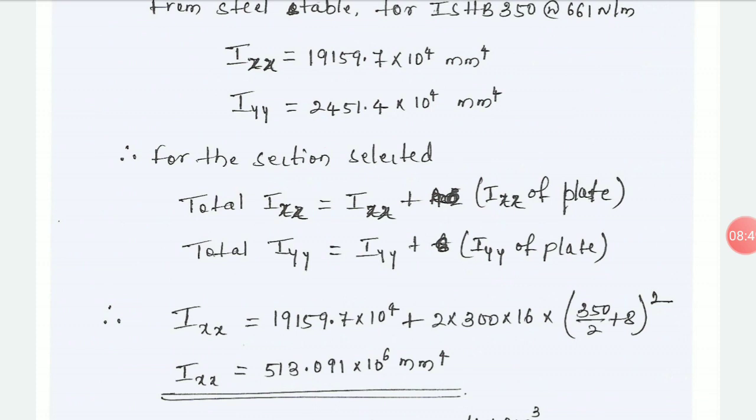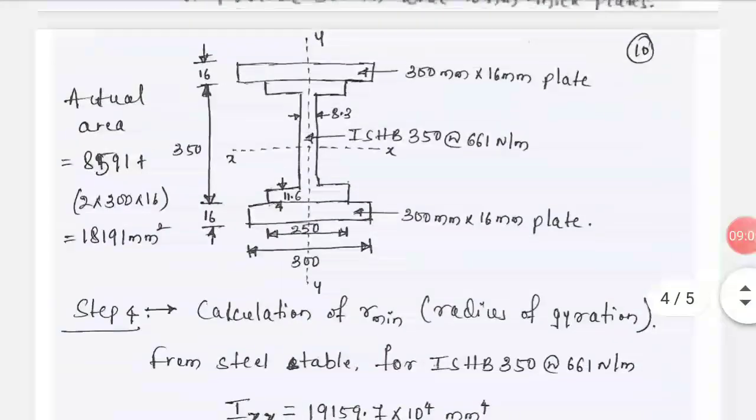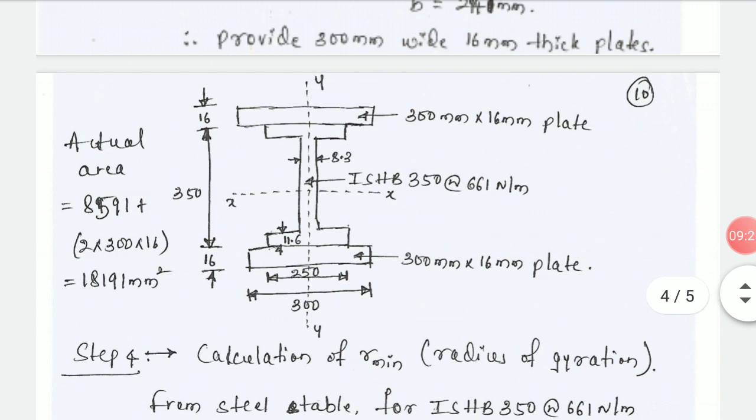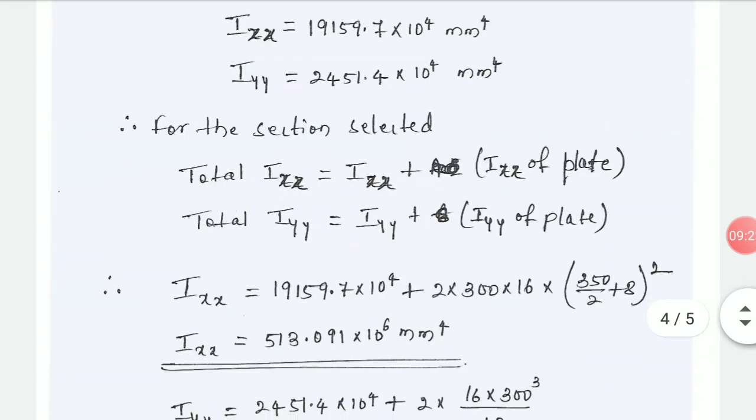So IXX of the built up section is IXX of the I section, that is 19159, plus the plate in XX direction, the moment of inertia in X direction is 2 into A into x bar square. 2 into 300 into 16 will give you the area, and x bar will be 350 divided by 2 plus 8 mm. You can check the figure here. The total depth is 350, divided by 2 you will reach the center of the section, that is xx, plus 8 mm, which is the center of the plate I am considering here.